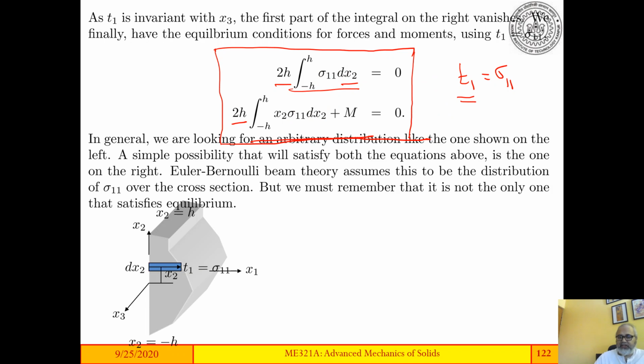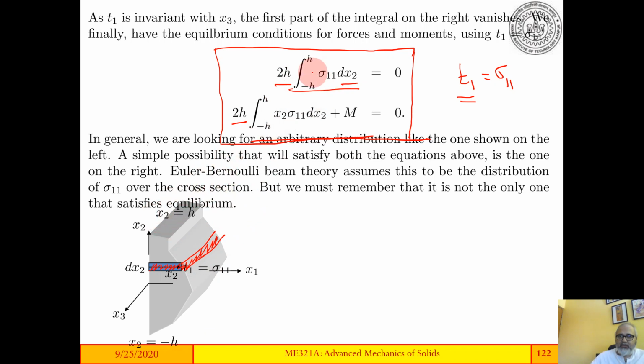over the cross sectional area, T1 varies in a manner like this. This is x2, this is x1, and this is x3. So T1, what we have here, dx2 is, let's say, this small segment. This is actually all across. So this small segment is dx2, and T1 or sigma 11 do not vary in the x3 direction, so it's invariant in the x3 direction.